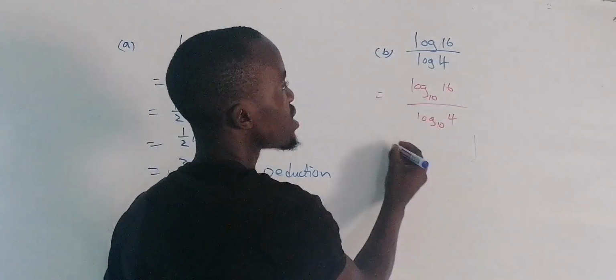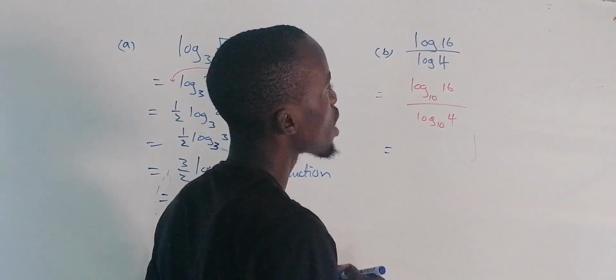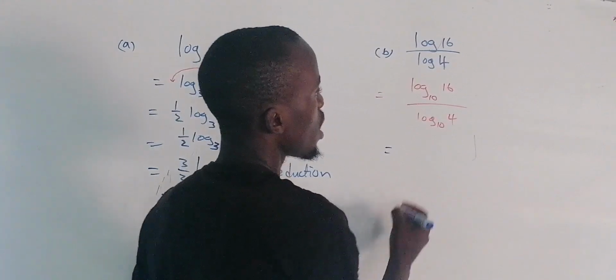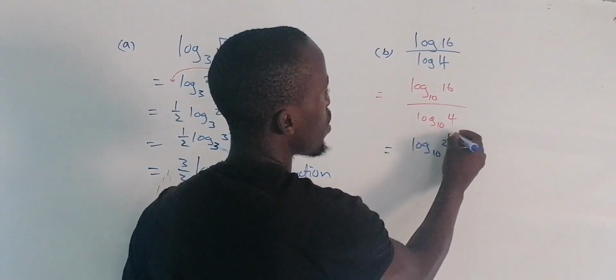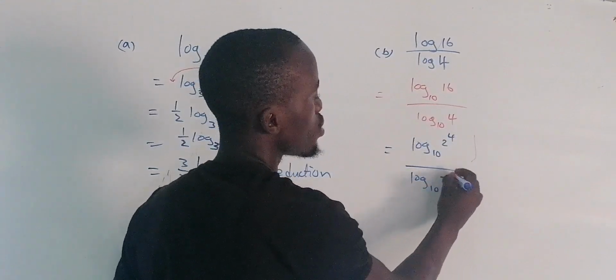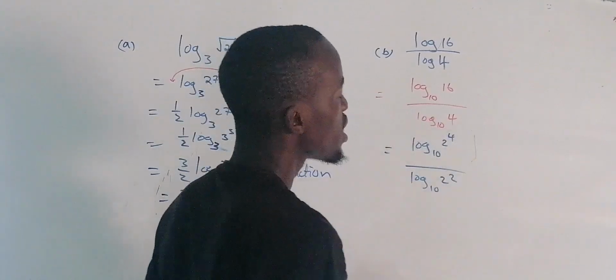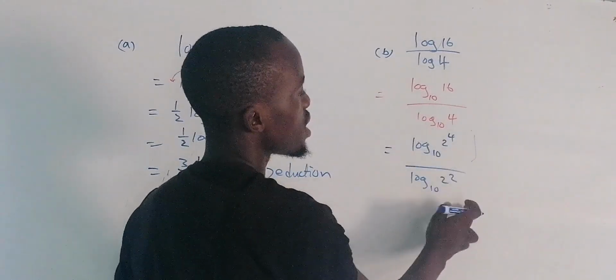Let's simplify it. It will be log 10 2 to the power 4 over log 10 2 to the power 2. Now we are having law number 3 as the numerator and the denominator.